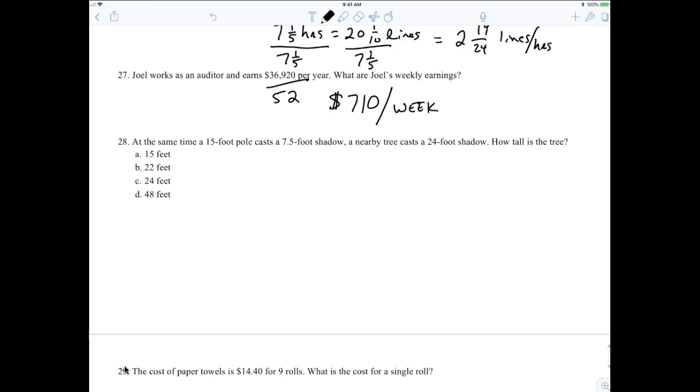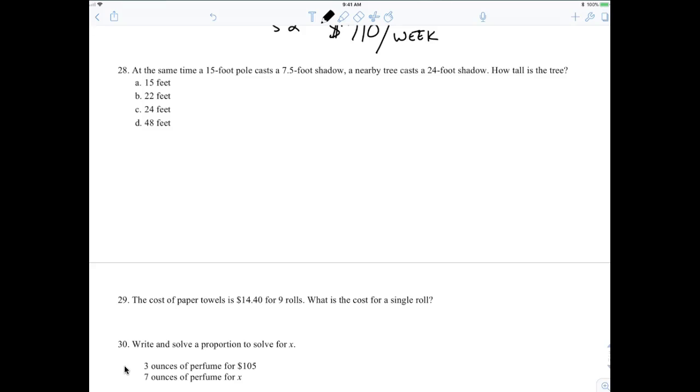Now, here we go. It says, at the same time, a 15-foot pole casts a 7.5-foot shadow. So 15 feet is to 7.5 shadow. Now I like to write shadow down so I don't make a mistake where it goes. The next one says a nearby tree casts a 24-foot shadow. So 24 would be on the bottom.